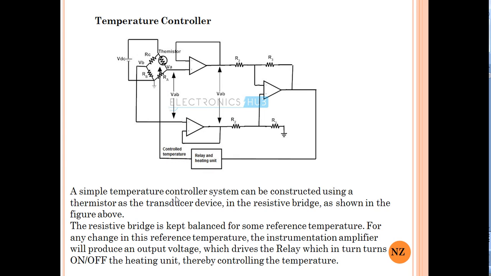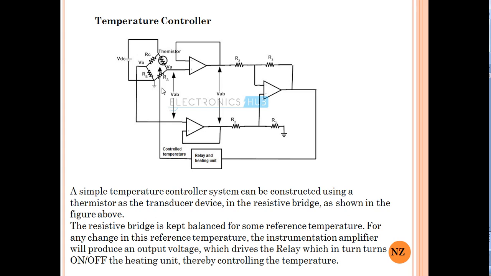So a simple temperature controller system can be constructed using a thermistor as the transducer device, which converts one form of energy into electrical signals. Now the resistive bridge is kept balanced.